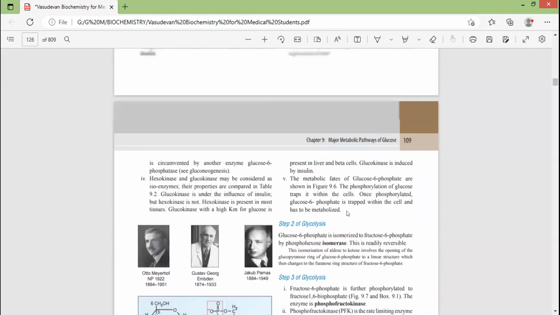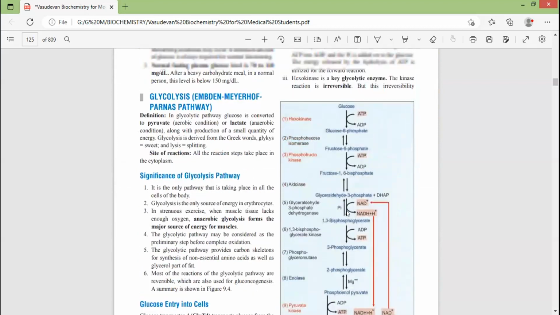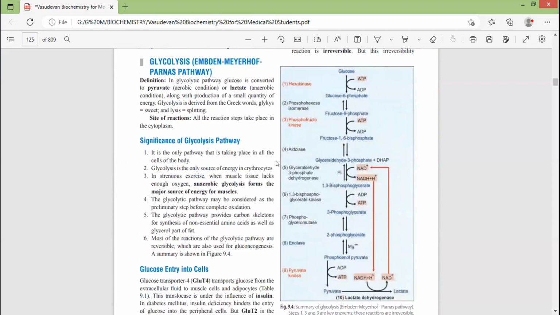So there is a rate limiting step in glycolysis, and that is step number 3, when fructose 6-phosphate is converted.